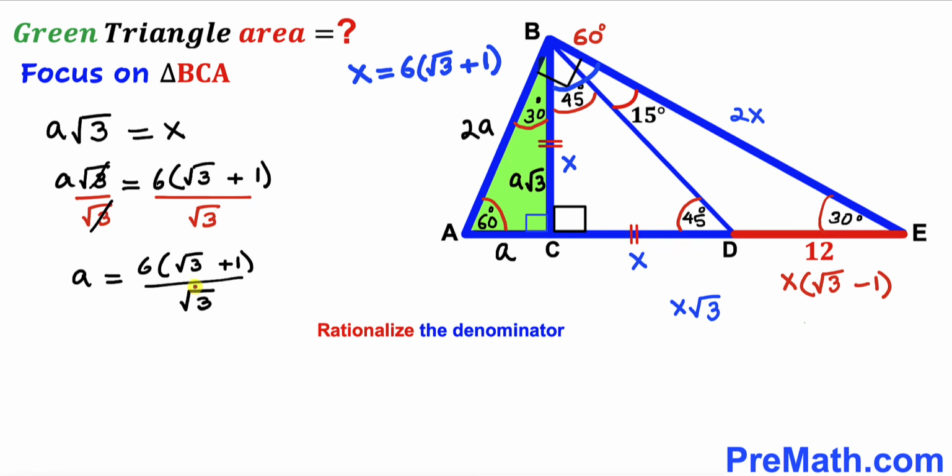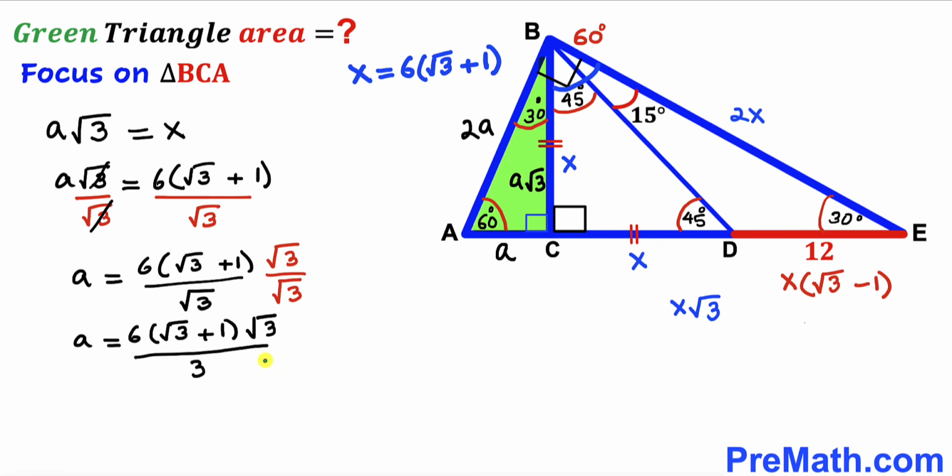And now we are going to rationalize this denominator by multiplying by the square root of 3 and dividing by the square root of 3 at the very same time. And now we can see the square root of 3 times the square root of 3 is going to give us simply 3, as you can see in this next step. And here we can see 6 divided by 3 is going to reduce to 2.